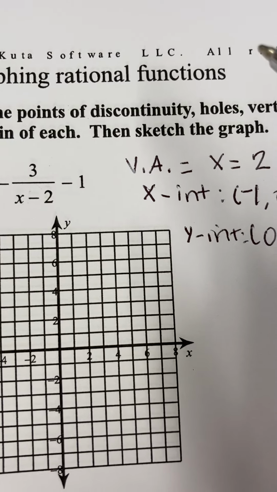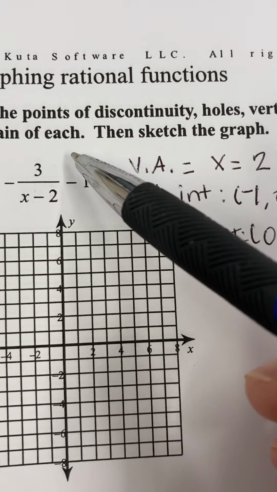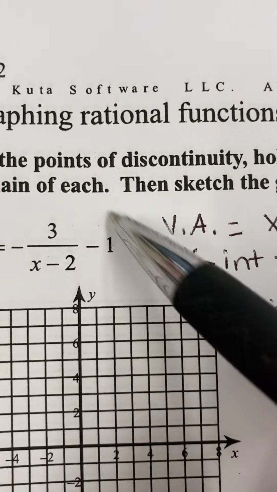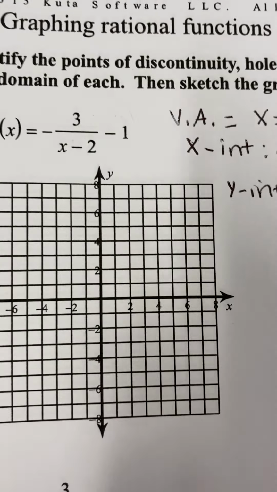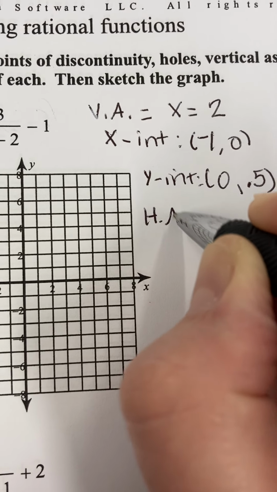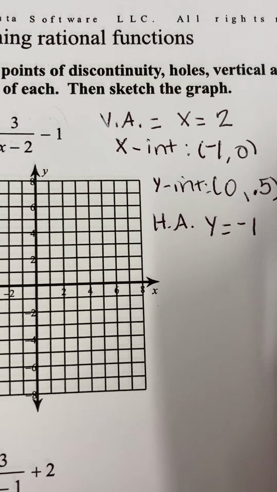I still want to do my horizontal asymptote. My horizontal asymptote is at negative 1. On here it would be at y equals 0, but since you have this minus 1 tacked onto the outside, you have to shift the whole graph, which is why the horizontal asymptote is going to be when y is equal to negative 1.